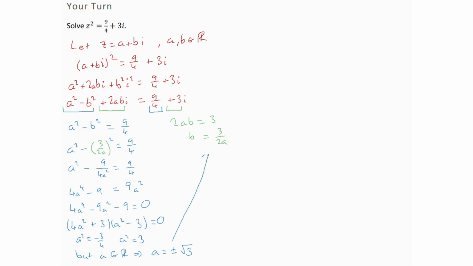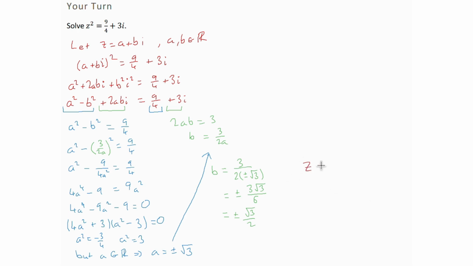Now that we have that, we can substitute that back into here, and we get b is equal to 3 over 2 lots of plus or minus √3, or plus or minus multiplying by √3 over 3, rationalizing the denominator here, we can get 3√3 over 6, or plus or minus √3 over 2.